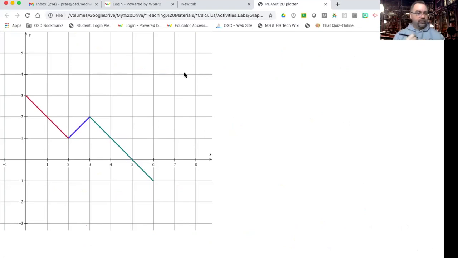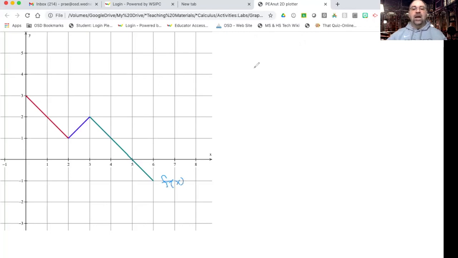Okay, here's my graph. And what I'm going to do is define a function here. Hang on, I have to slide some windows around so I have some room. Okay, and I've got my annotation tool here. So this is the function. Let's call this function f.